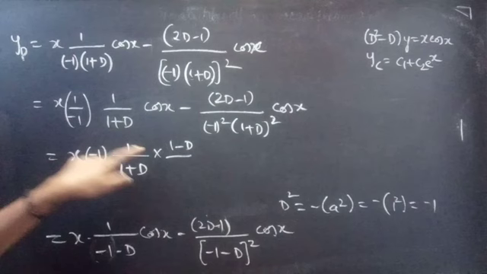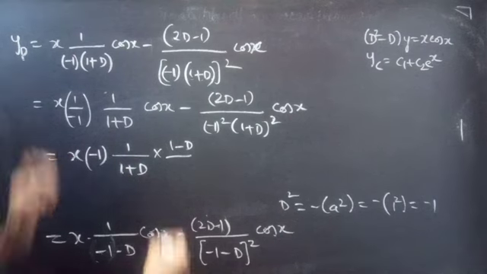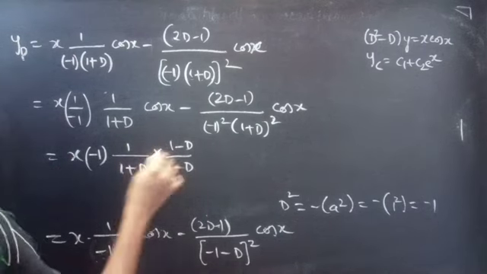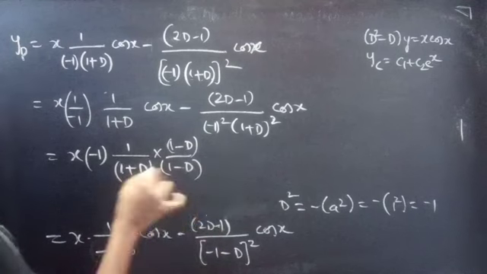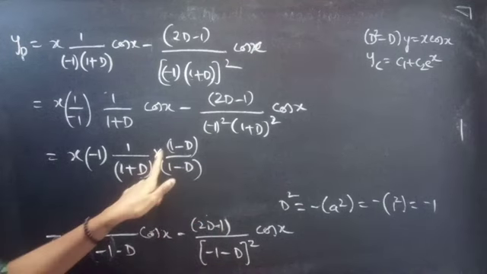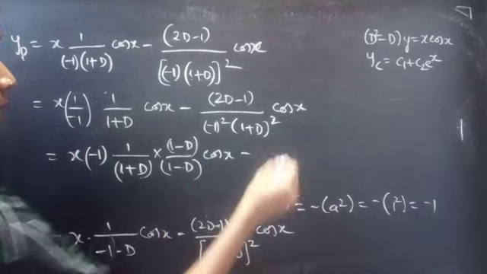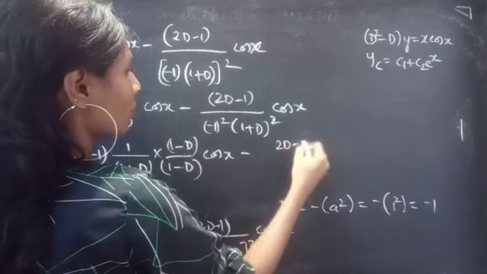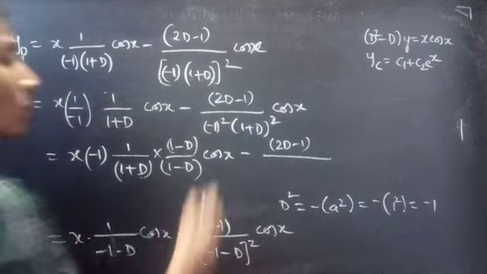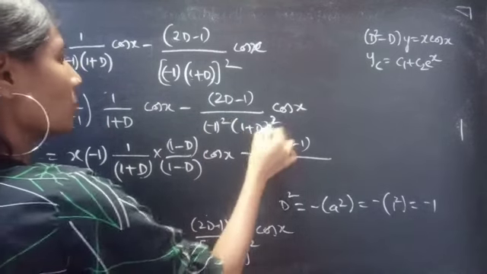Now multiply and divide 1 minus d to this fraction, we'll get 1 by 1 plus d into 1 minus d by 1 minus d into cos x, minus 2d minus 1 by minus 1 whole square is 1 into 1 plus d whole square.